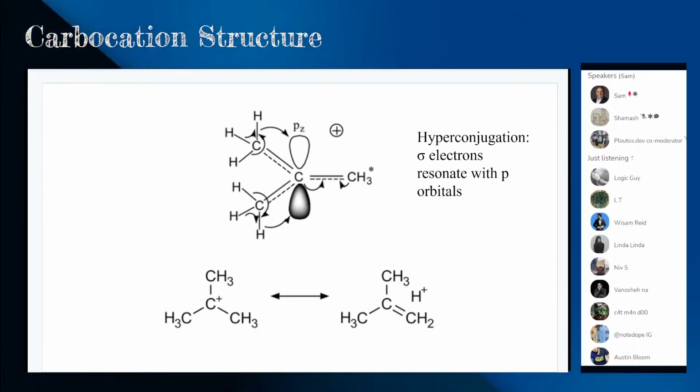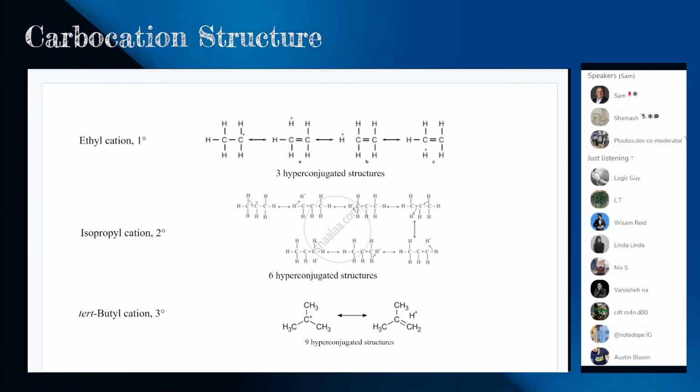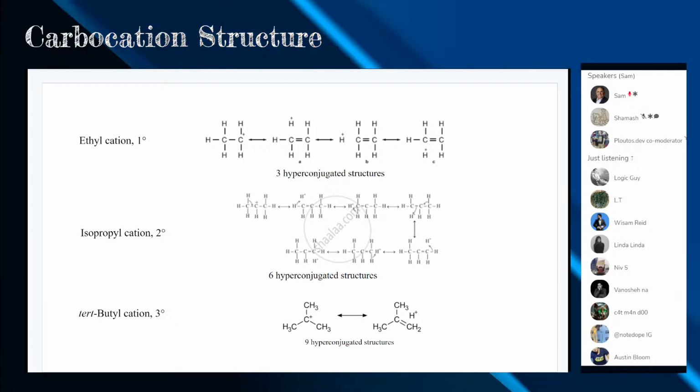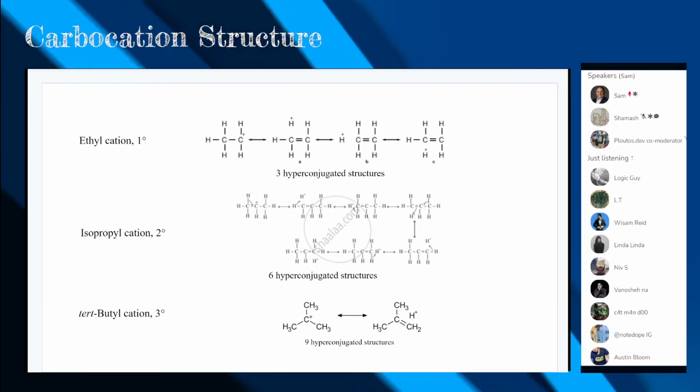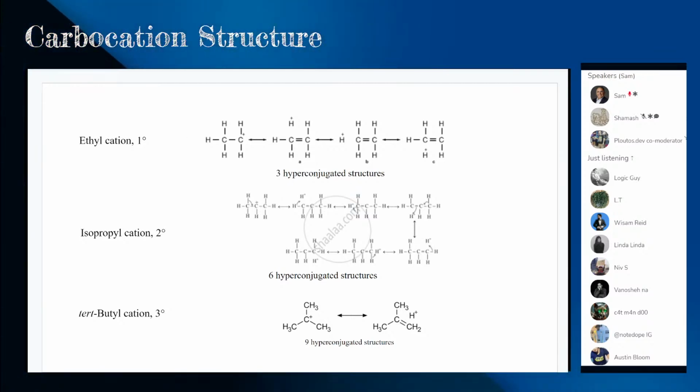So we now go to the last slide here. Last week we talked about how tertiary carbocations are the most stable, and primary carbocations are the least stable. Why is that? We can now talk about that stability through not just sterics, but electronics as well. On the top, I have the ethyl cation.